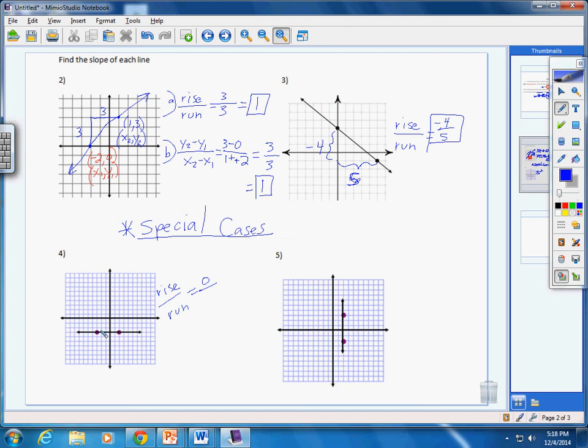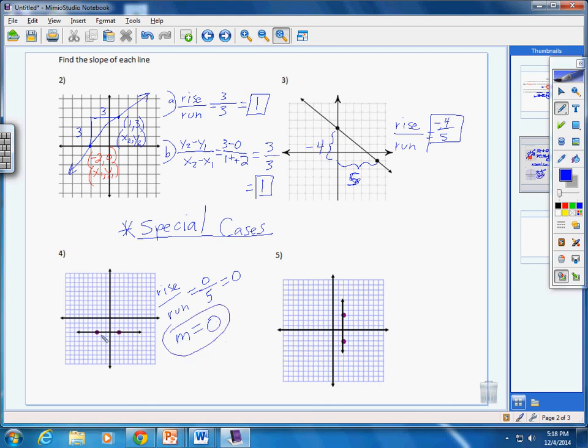Our run happens to be 1, 2, 3, 4, 5. What is 0 divided by 5? Well, it happens to be 0. I know this can get confusing at times, wondering what 0 divided by a number is. It's always going to be 0. So your end result is that my slope is equal to 0.